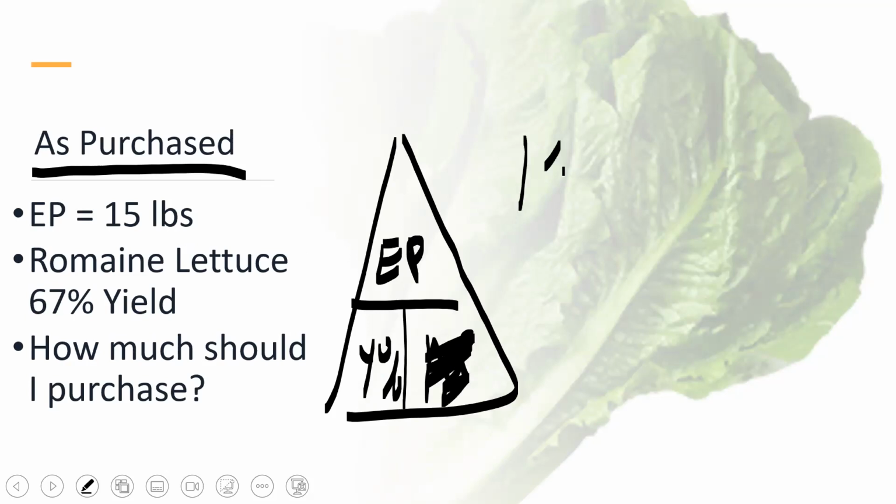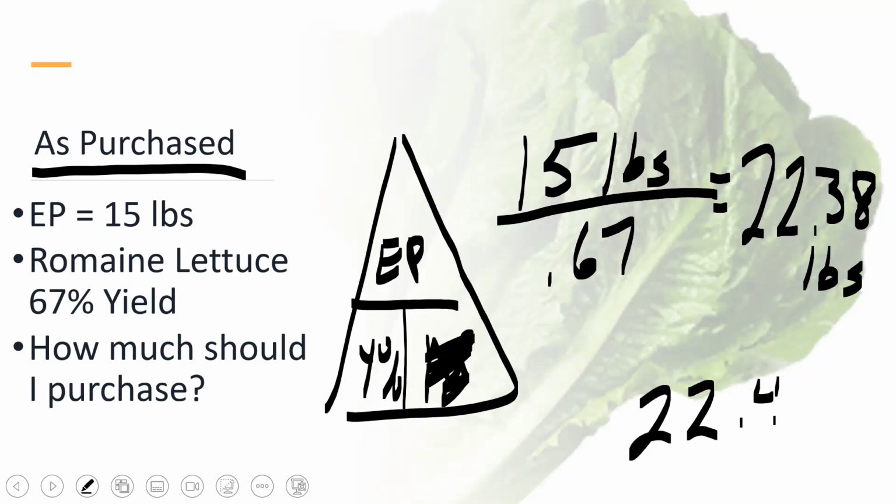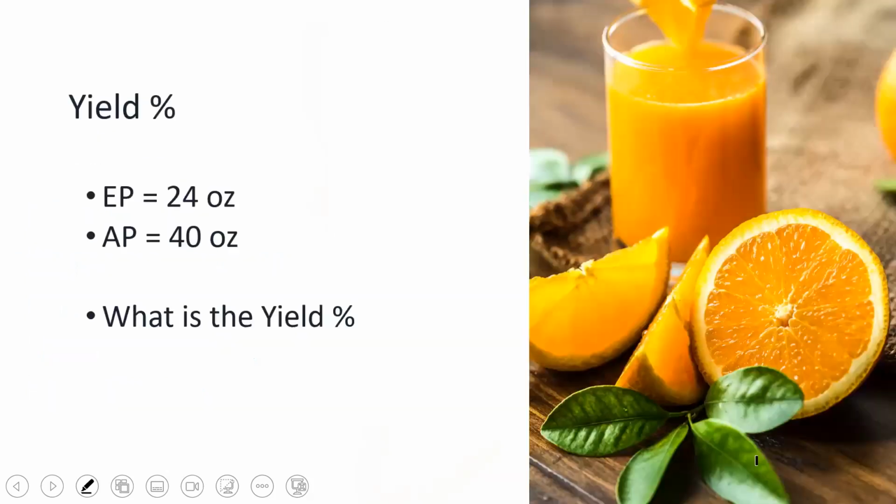And what remains is 15 pounds divided by 0.67. And when I do that, I get 22.38 pounds. I might go ahead and round that up to 22.4, maybe 22.5 pounds. So this is how we can use this yield factor, this percentage, to figure out how much product I need to actually purchase.